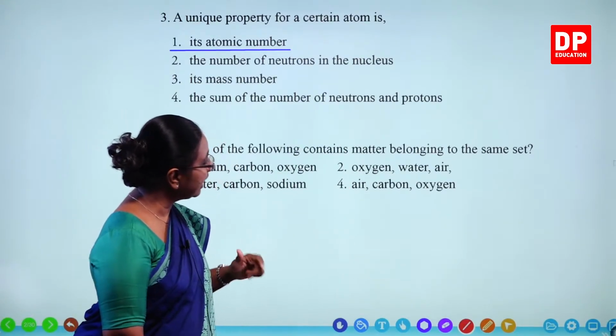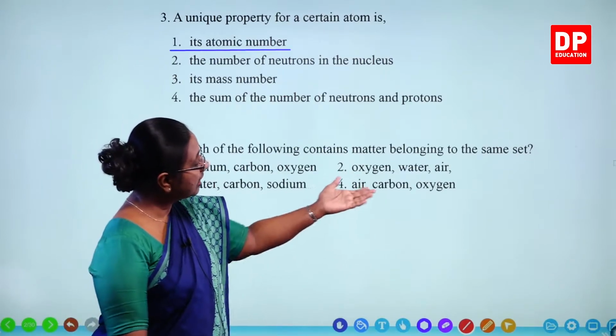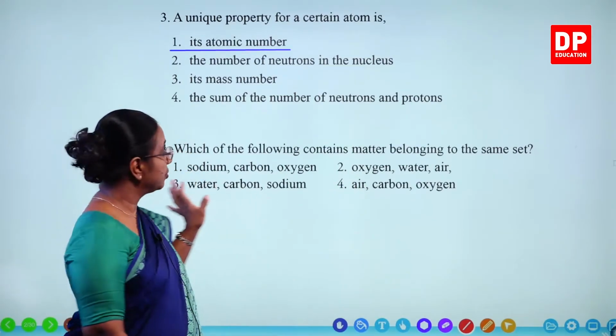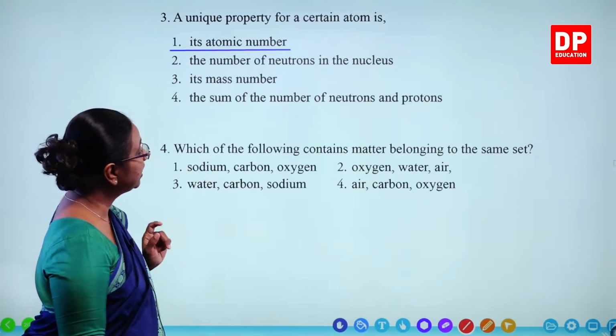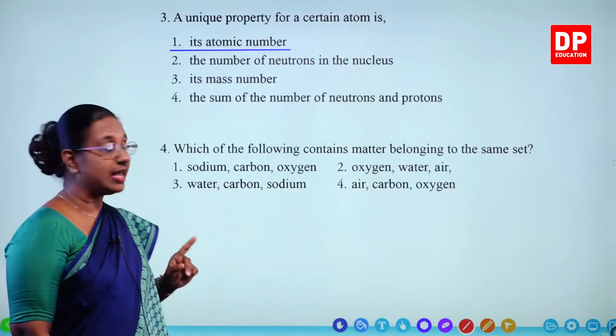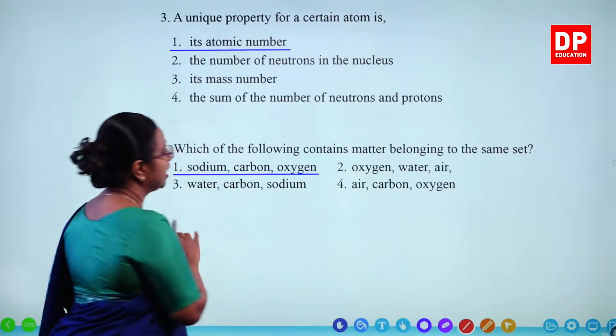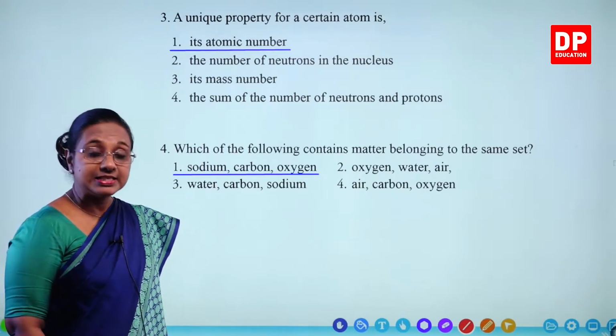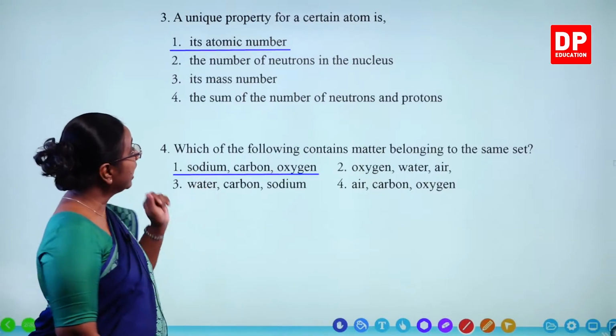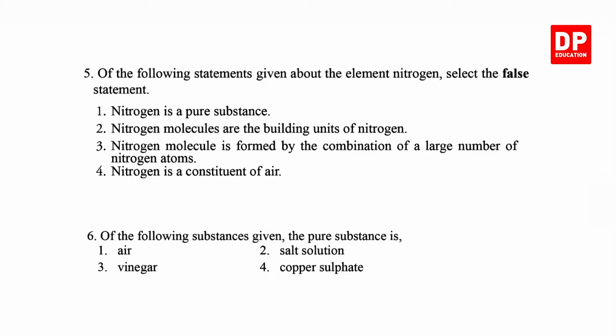Then fourth one again, air mixture, carbon and oxygen elements. So that means which of the following contains matter belonging to the same set? It has to be sodium, carbon and oxygen, they are all elements. Is that okay, students? So then we will move on to the next question, question number 5.